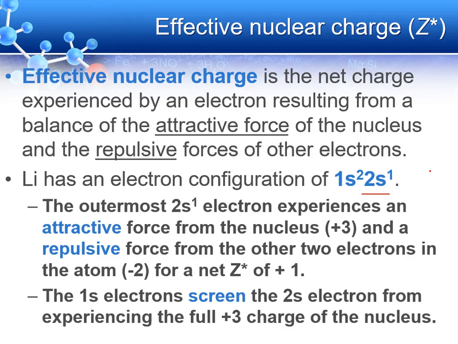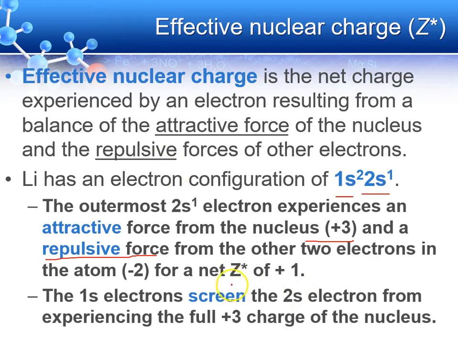Remember, lithium has 3 protons, and each proton has a +1 charge, so we would say its nucleus has a charge of +3. That outermost electron is attracted to the nucleus, but it experiences a repulsive force from the other 2 electrons, because these 1s2 electrons are negatively charged, just like the 2s1 electron is. So it's repelled by those other 2.